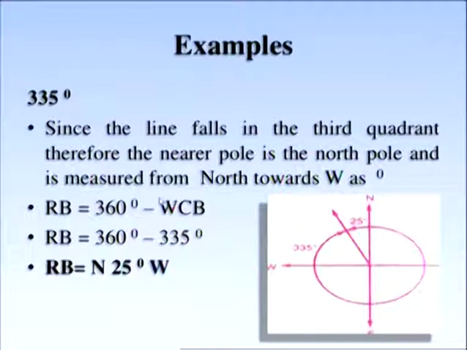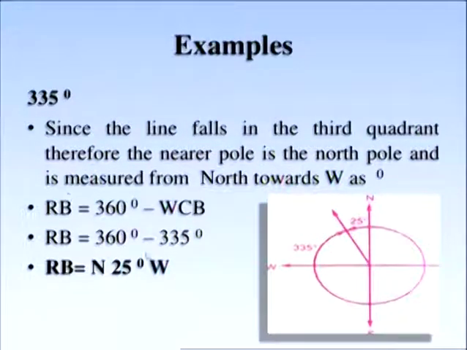Now the last example, 335. If our whole circle bearing is 335 degrees, now convert this into the reduced bearing. Actually draw the figure: north, south, east and west. Always draw this figure.